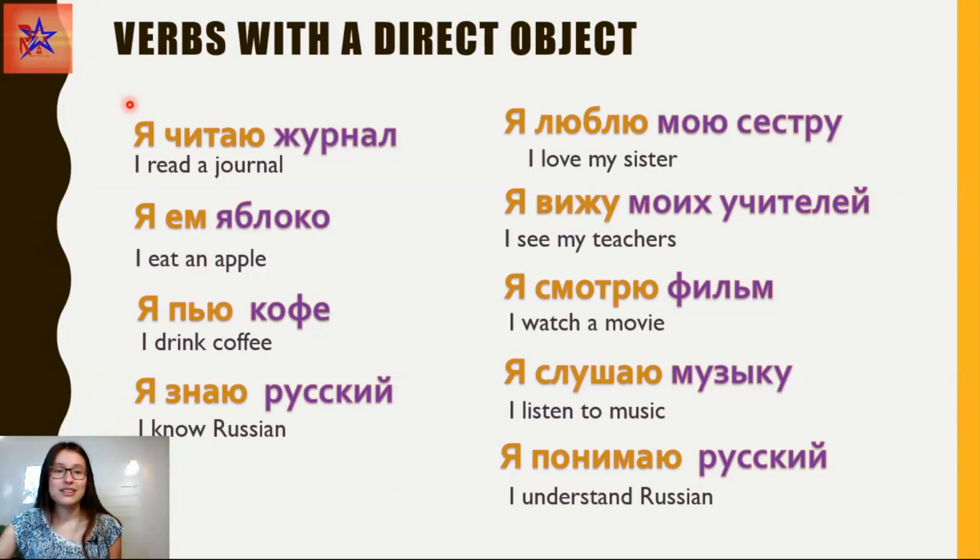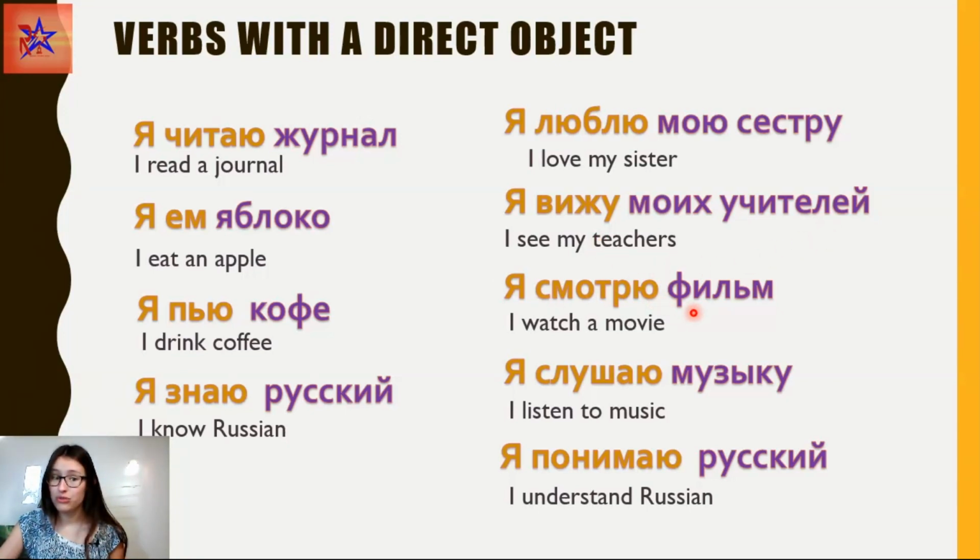And now let's see different common verbs with a direct object. With a direct object, that means you need to use an accusative form of the noun. Я читаю журнал. I read a journal. Я ем яблоко. Я пью кофе. Я знаю русский. Я люблю мою сестру. Я вижу моих учителей.